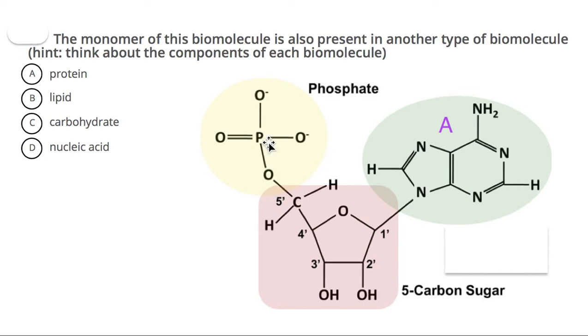And since ribose is present in nucleotide, which is the other biomolecule, the answer for this question will be carbohydrate. So the monomer of this biomolecule, meaning carbohydrate, which is the ribose, is present in another type of biomolecule, which is the nucleotide, which is the monomer for nucleic acid. So the answer for this question was carbohydrate.